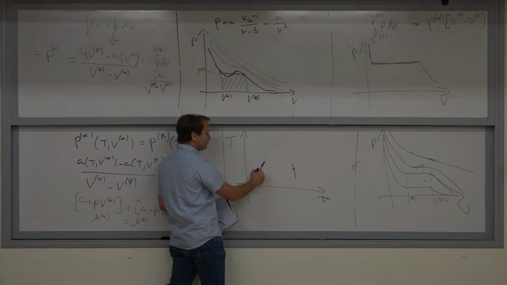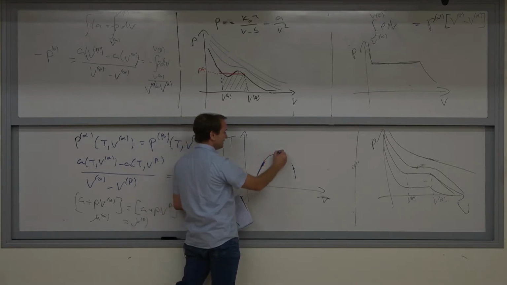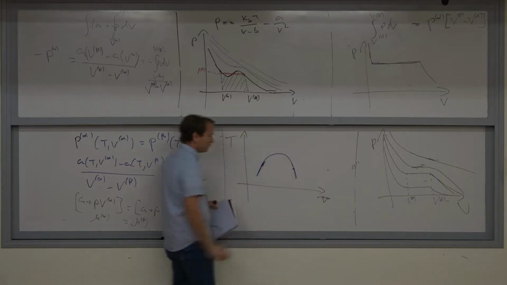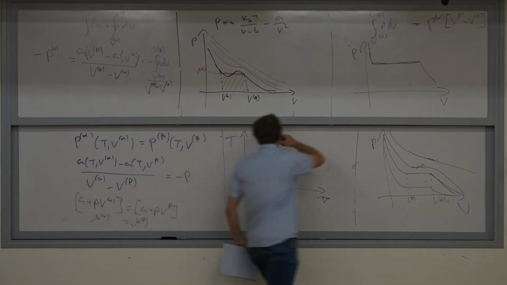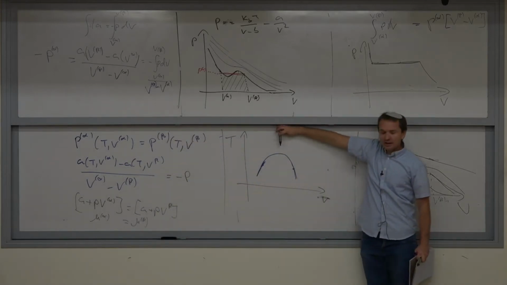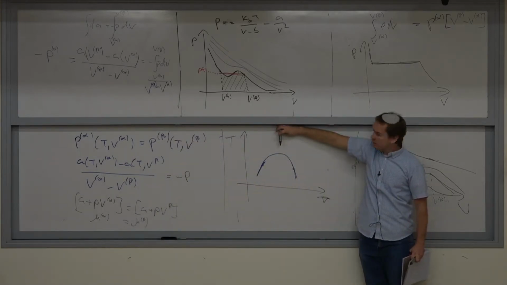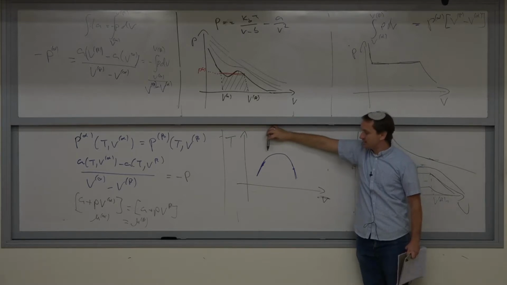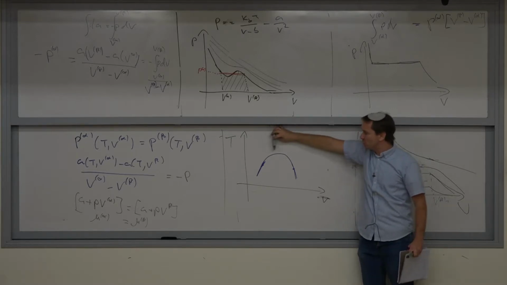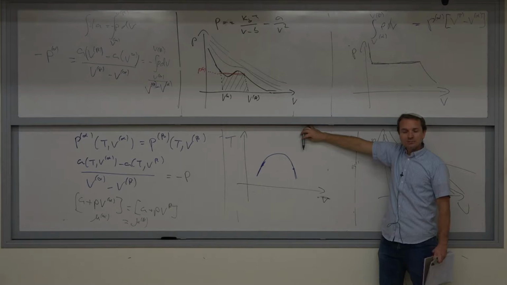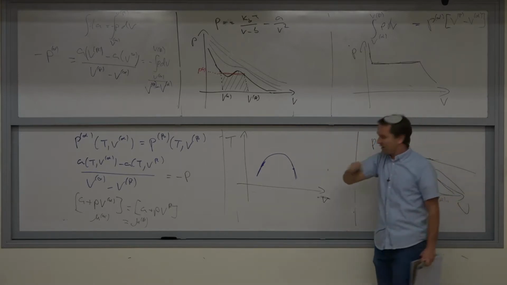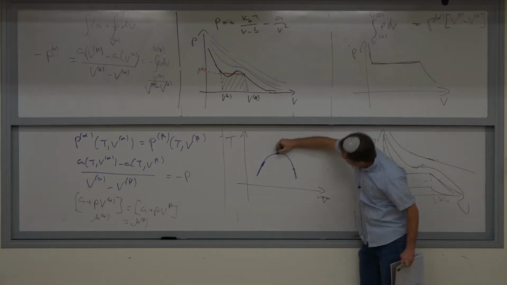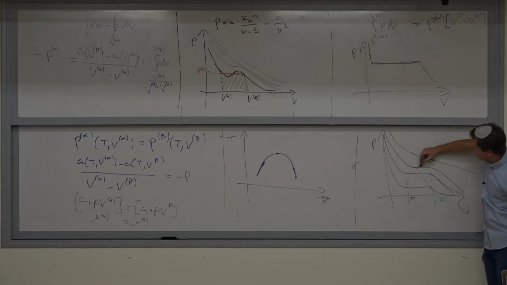And if I continue to draw this line over here, at some critical temperature, if I go above, I don't have a difference between the volume of the fluid molecules and the gas molecules. And this is exactly what you're trying to say. Because this point over here is this point over there.